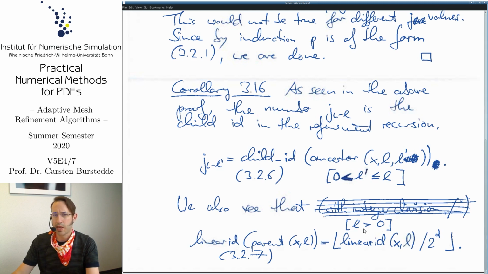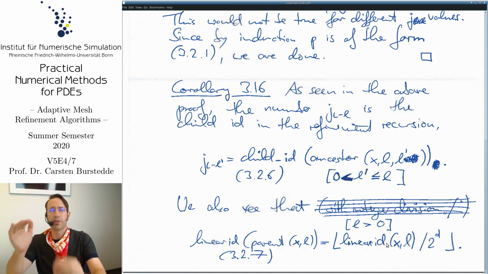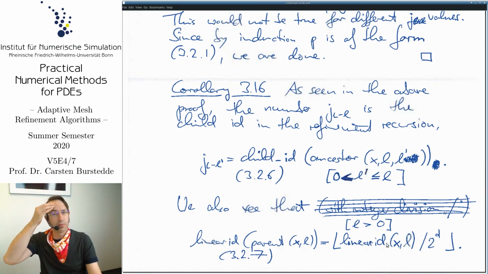We would have to say... no, this is actually right. So in order for the parent to exist, we need little l to be greater than 0, because the root has no parent. And then we get the linear ID of the parent by narrowing down the range by a factor of 2 to the power of d, and that's all we have to do. We just round down, and then we're there.